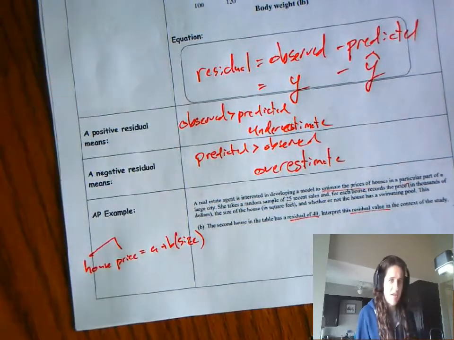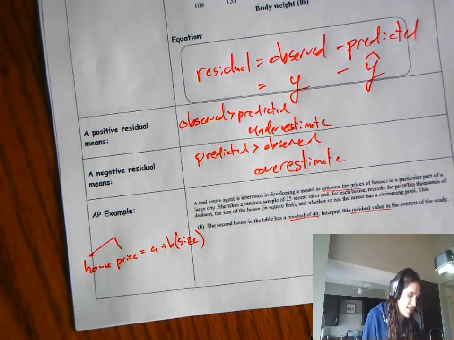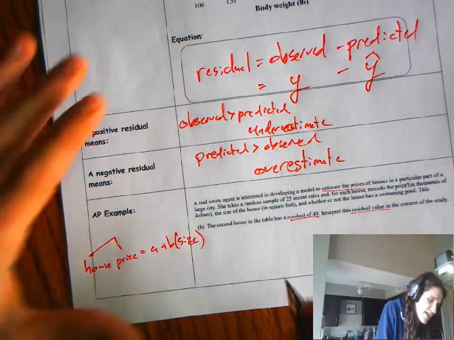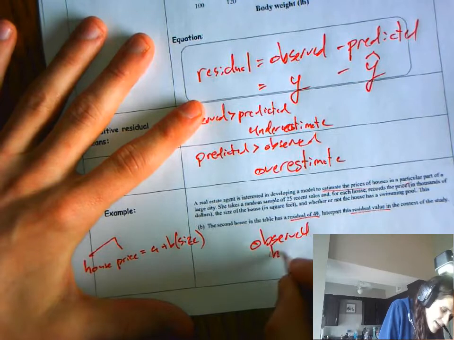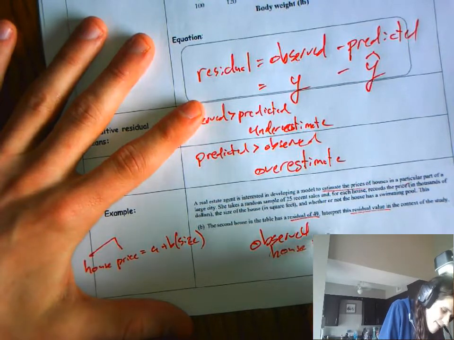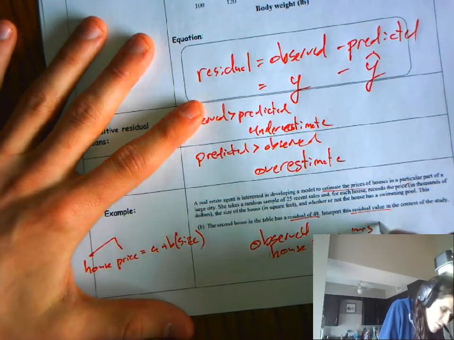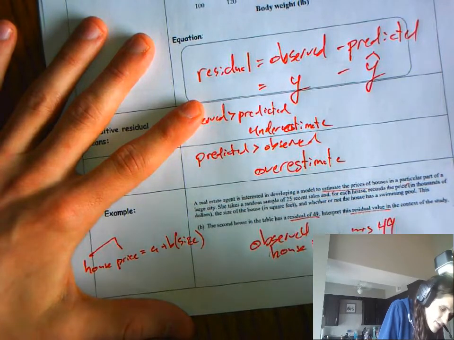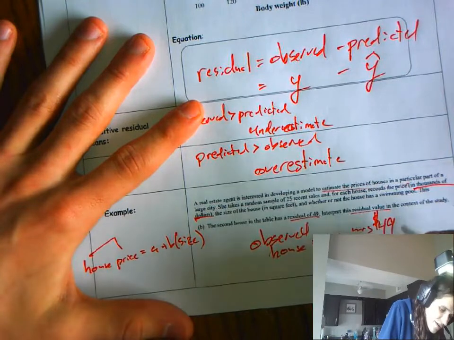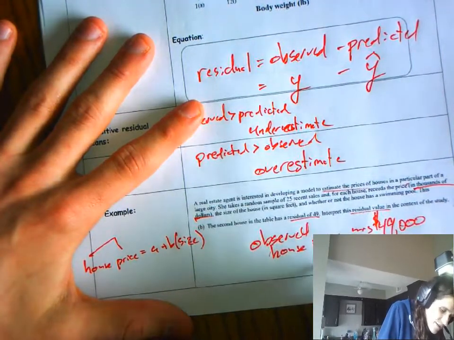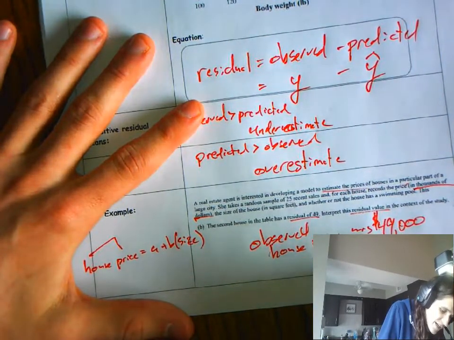So she's making a prediction of house price based on size. A residual of 49 means the observed house price was 49, I think it's thousand dollars, above the predicted price.